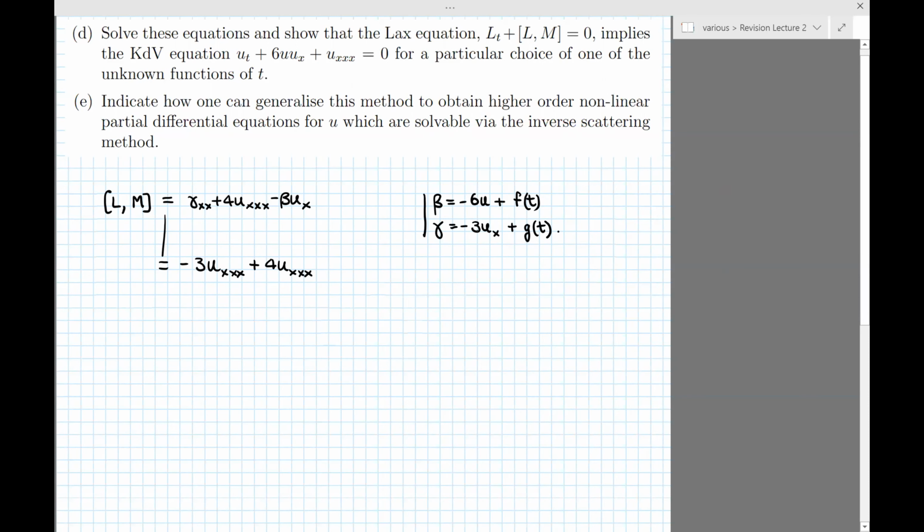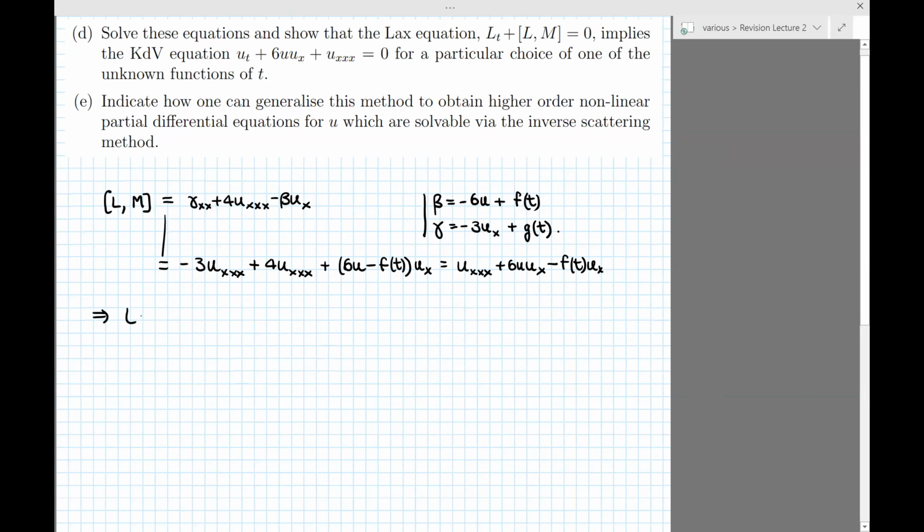So minus beta is equal to 6u minus f of t, and that multiplies ux. So we get uxxx plus 6u ux minus f of t times ux.